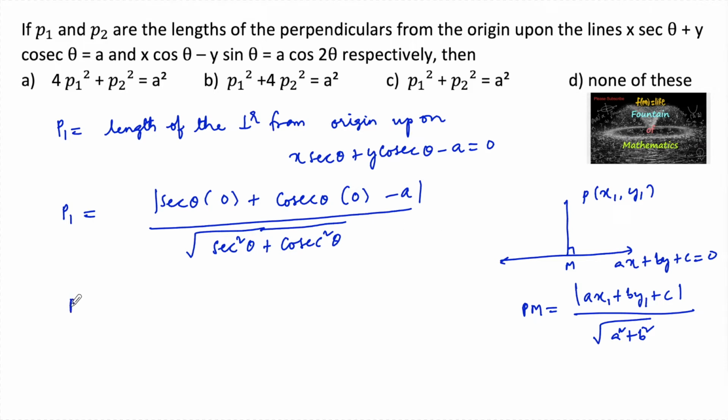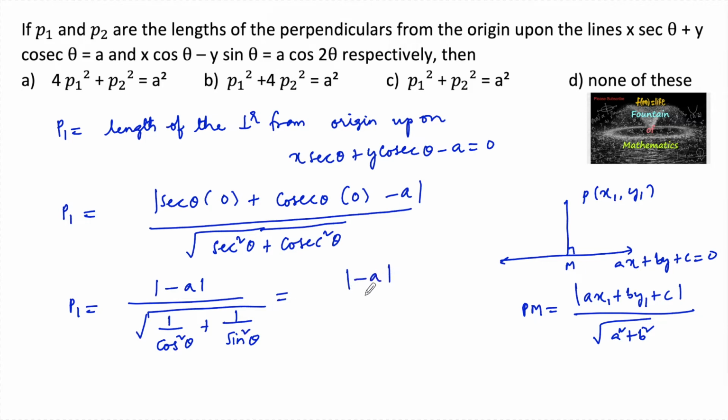That is, P1 is equal to mod of minus a upon root over secant square, we can write 1 upon cos square theta, and cosecant square theta we can write 1 upon sin square theta. On simplifying, we can write mod of negative a upon root over sin square theta plus cos square theta upon sin square theta cos square theta.